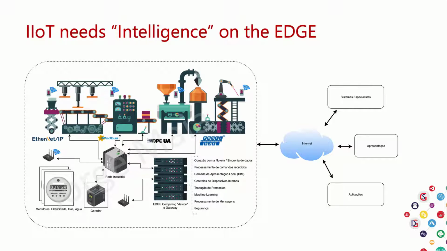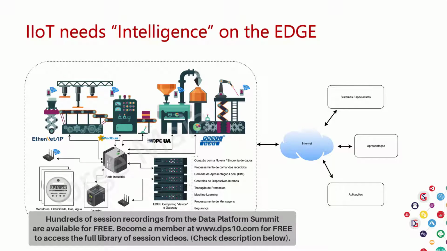We may introduce some machine learning to take actions after seeing insights from the data, and of course we have to process messages from PLCs, passing through the internet and going to specialist systems, the presentation layer, applications, and mobile applications. We have several protocols and several challenges on the edge that we need to address.